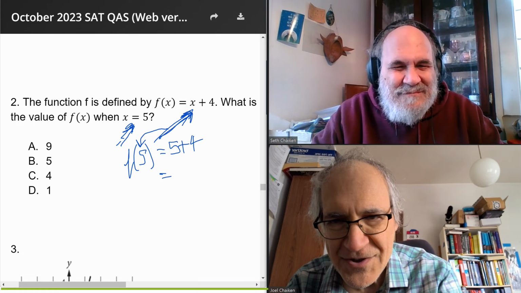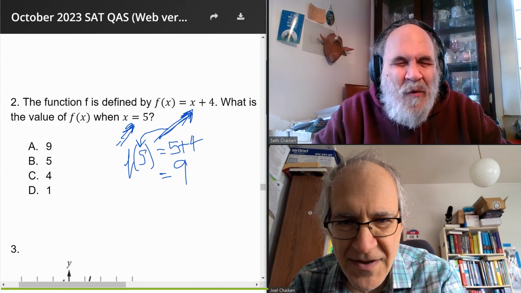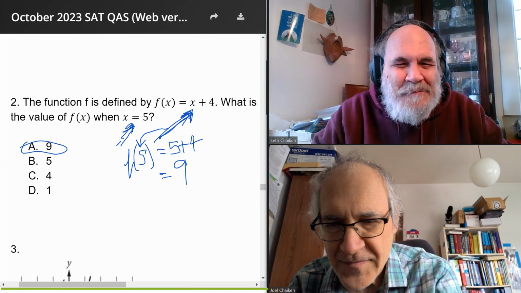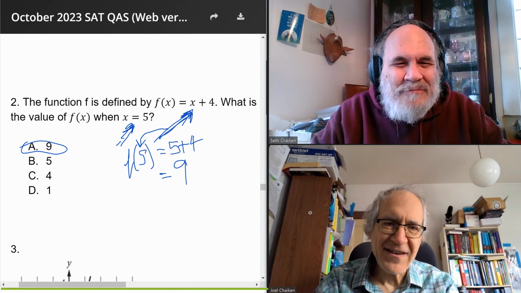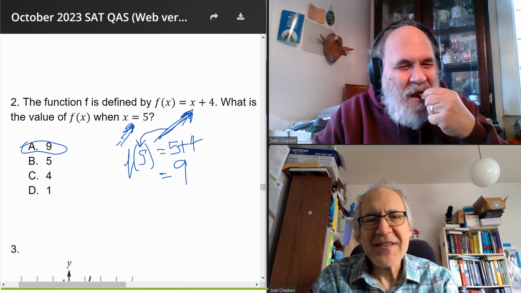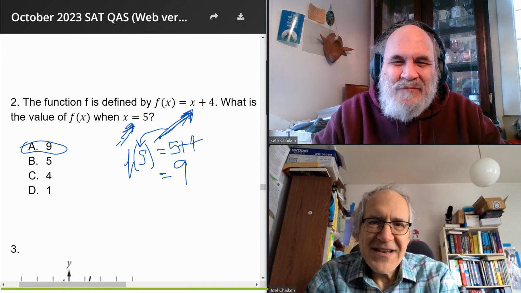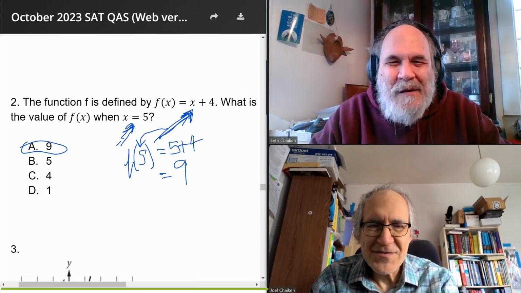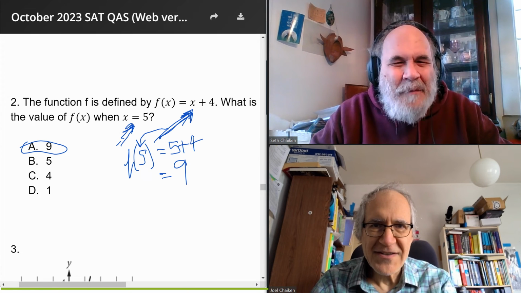You do the math, which you can use a calculator for, but hopefully you don't need one for this. And then you say the answer. They just want to know, do you know this notation? Because it's understood that you know how to add 5 and 4 when you're in 11th grade taking the test.